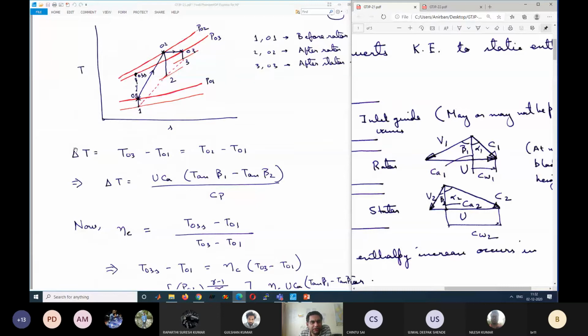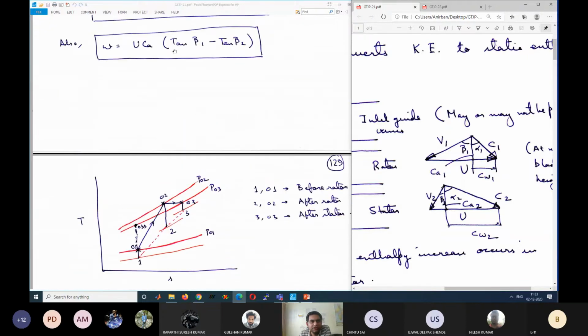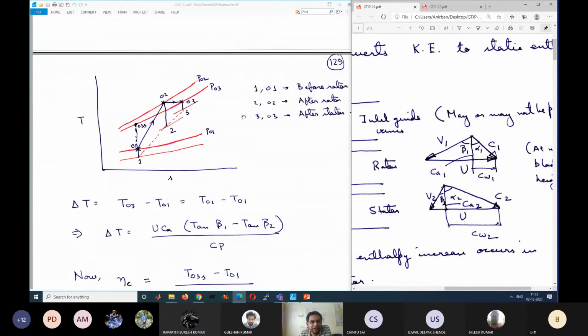So how will we do this? Let the overall stagnation temperature change in the entire stage, from before the rotor to after the stator, be delta T. So delta T is equal to T03 minus T01, which is also equal to T02 minus T01 because T03 equals T02. Now T02 minus T01 is the work input in the rotor, which we have already calculated: U Ca (tan beta 1 minus tan beta 2).